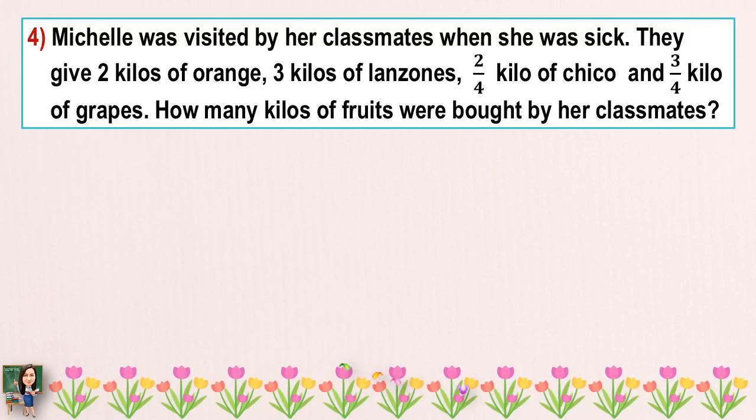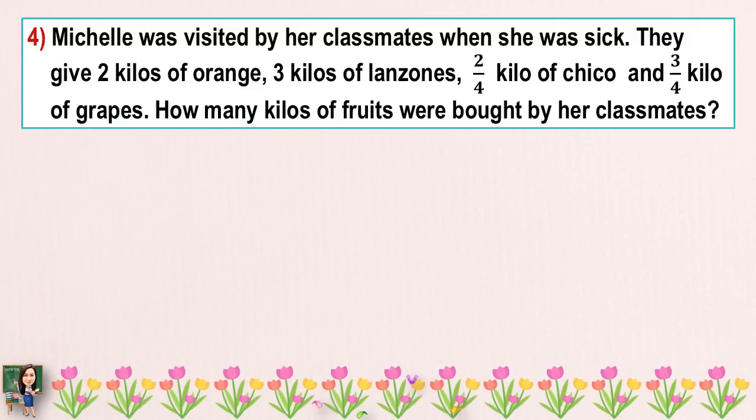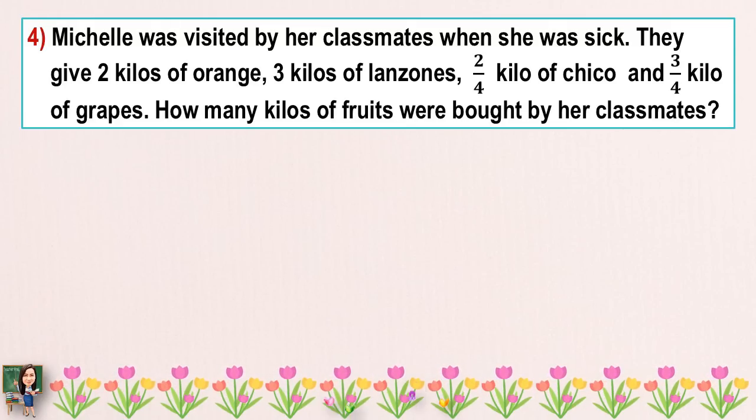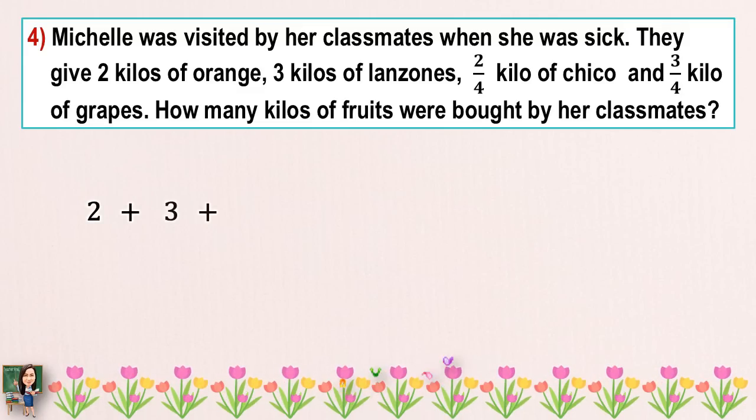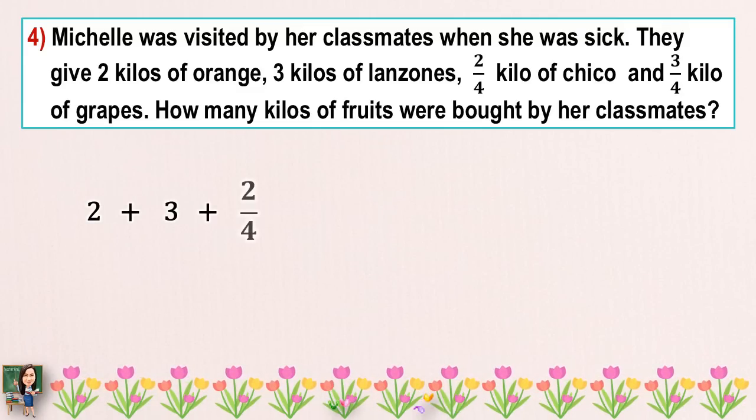How many kilos of fruits were bought by her classmates? To know how many kilos of fruits were bought, add 2 kilos of orange plus 3 kilos of lanzones plus 2/4 kilo of chico plus 3/4 kilo of grapes.